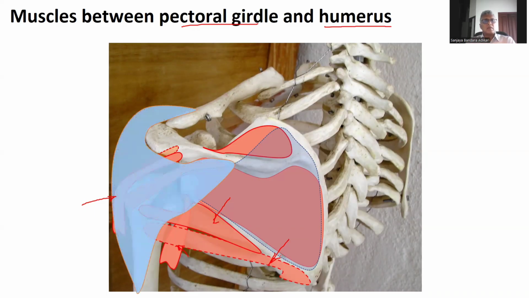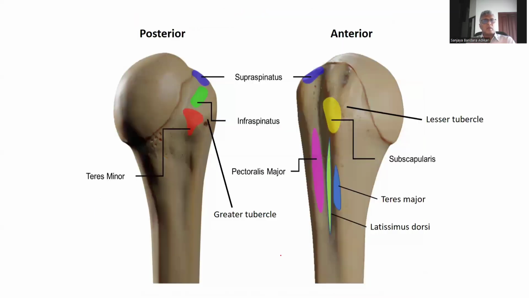Then covering all these attachments to the proximal end of the humerus, you have the deltoid muscle, which has anterior, posterior, and middle fibers. If you take a look anteriorly and posteriorly at the proximal end of the humerus, this is how you see the attachment of some of these muscles.